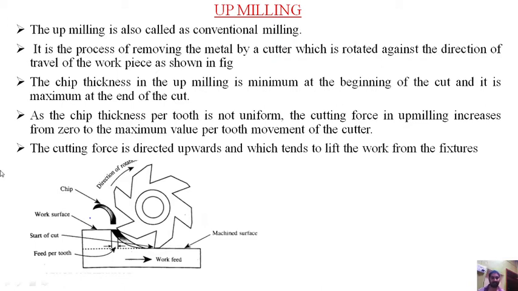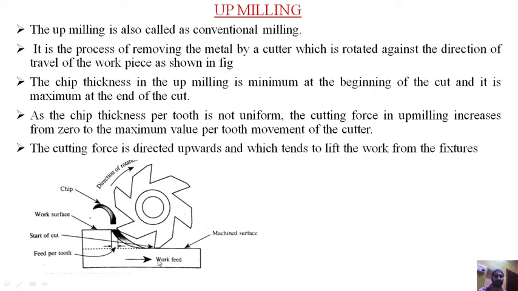workpiece. As shown in the figure, you can see the cutter is rotating in a clockwise direction, whereas the work is moving in a linear direction. So it is opposite. The workpiece is moving opposite to the direction of rotation of the cutter.